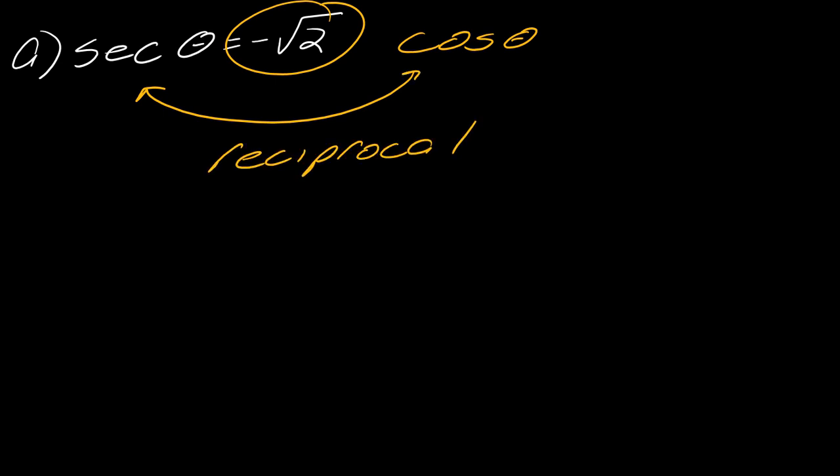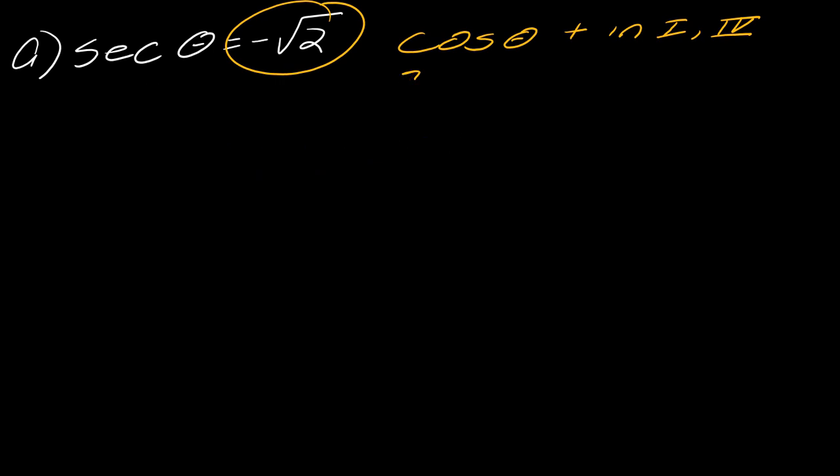If you think of that phrase I always say, all students take calculus, cosine is positive in quadrants 1 and 4. So if this is negative, and cosine and secant are reciprocals, this is going to happen in quadrants 2 and 3. That's the first thing you want to figure out, just what quadrant we are in.